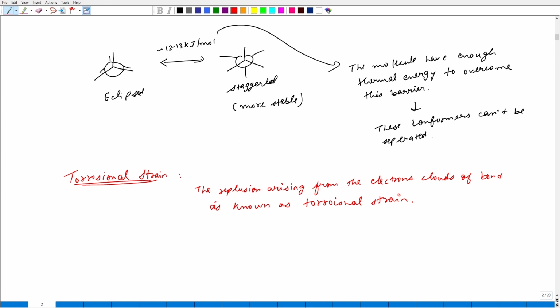In this case, these hydrogens of two different carbons are creating repulsions, and these repulsions are nothing but the torsional strain.